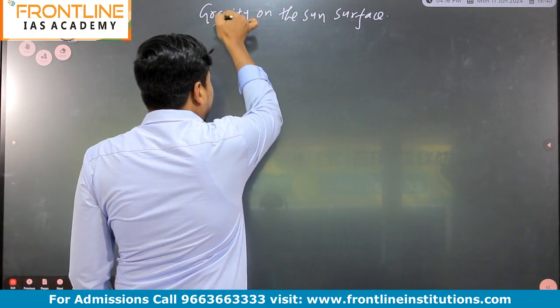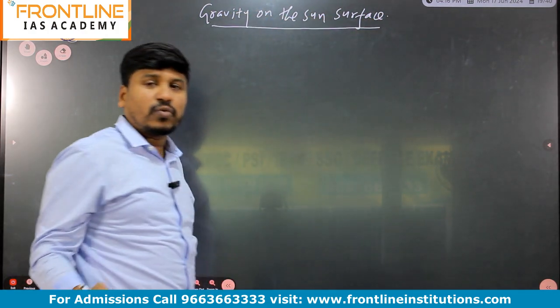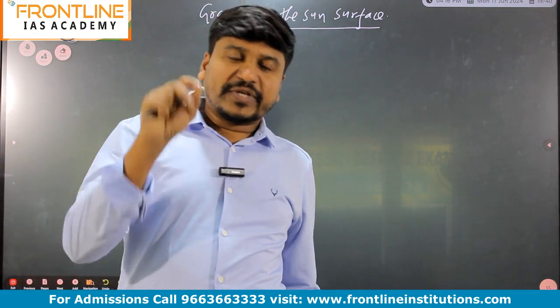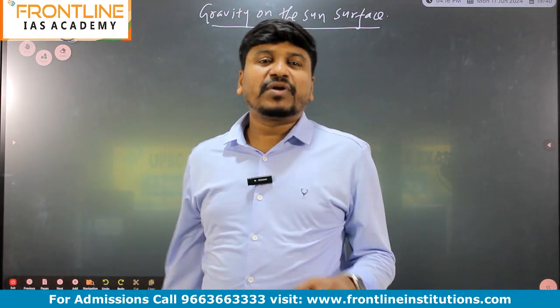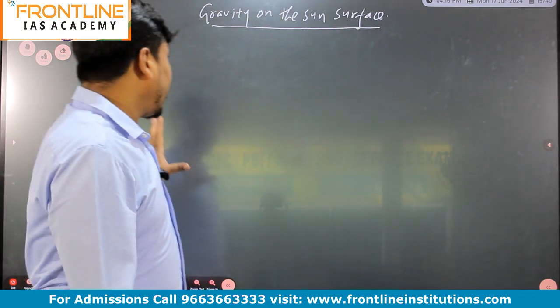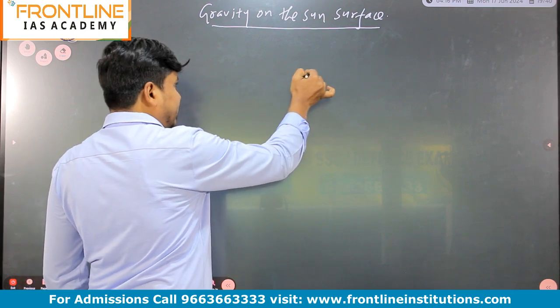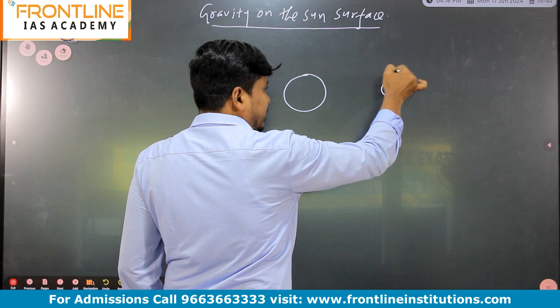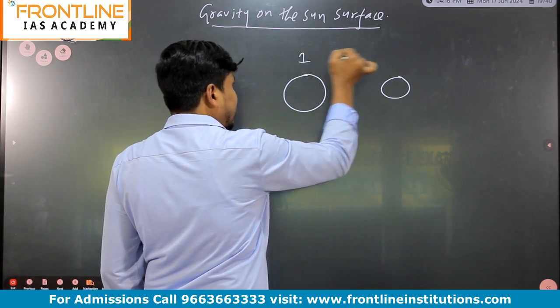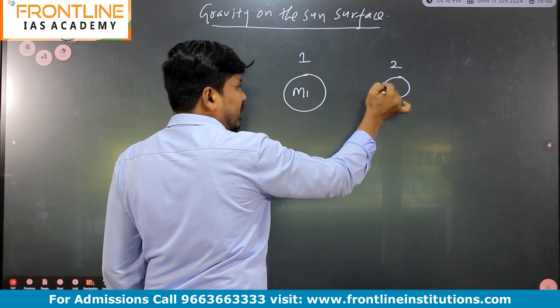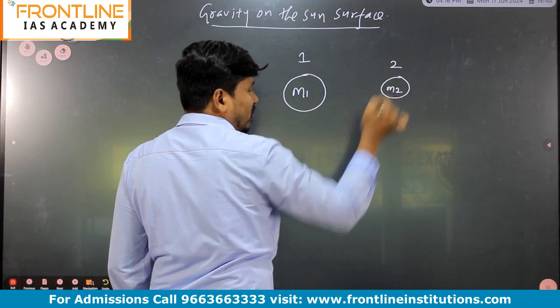To understand the gravity on the sun surface, first you should know what gravity or the gravitational force of attraction is. One object will always attract another object. Suppose there are two objects, object 1 and object 2, with m1 the mass of object 1 and m2 the mass of object 2.